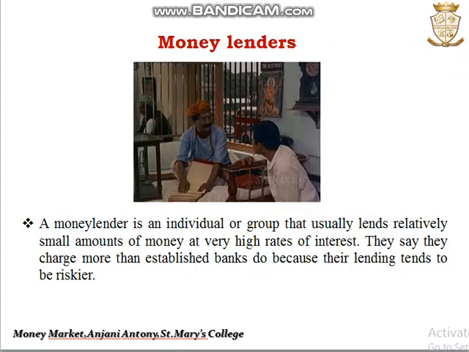Money lenders only lend money at a higher rate, but they don't receive any deposit. This is the difference between indigenous bankers and money lenders. Indigenous bankers both receive and give money, but money lenders only lend the money.